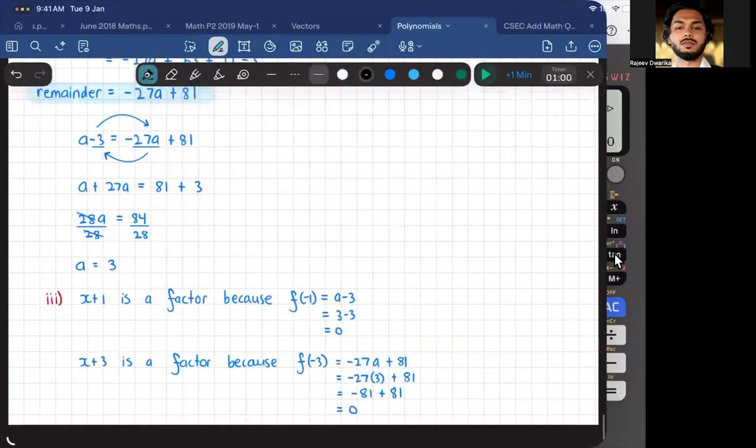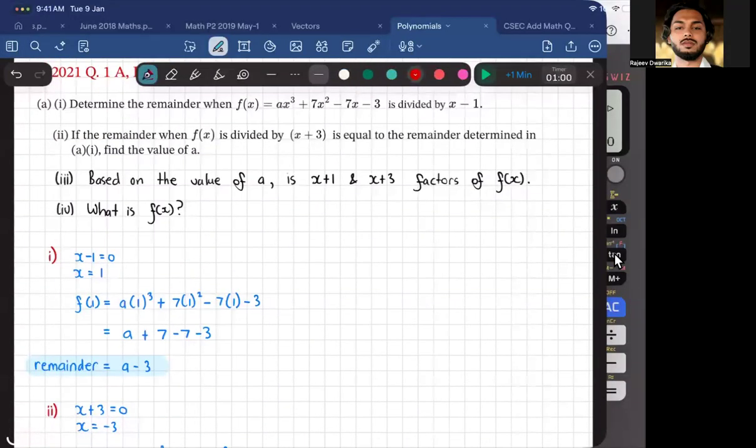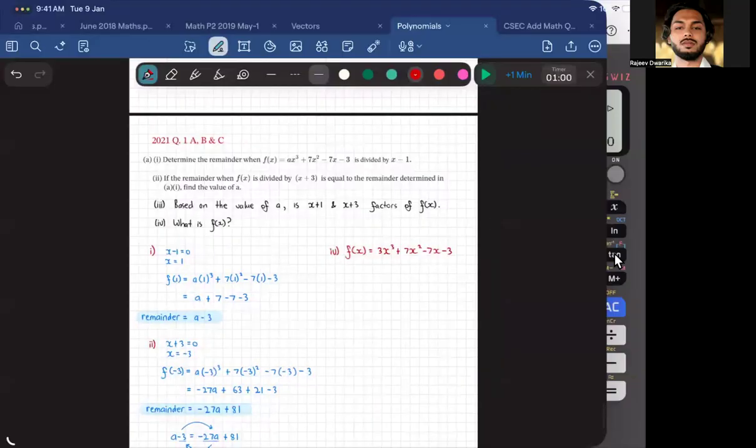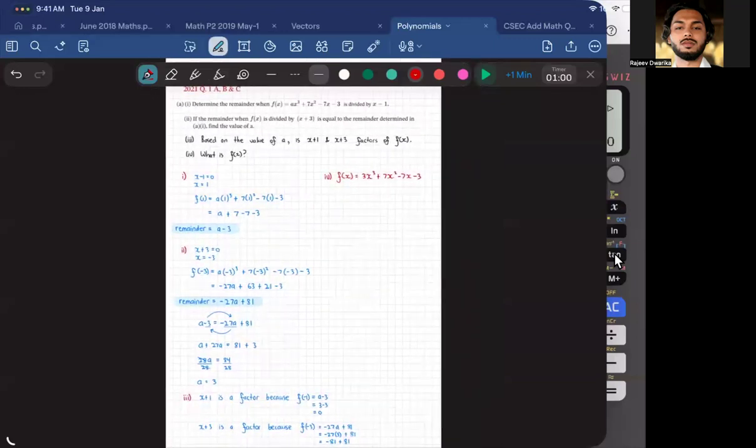So part 4 would just simply be, you're just going to plug in where you found a and b. That's it. Right? So f of x. Great. So Serena, I feel like you understand factor remainder theorem really well. Okay. Good.